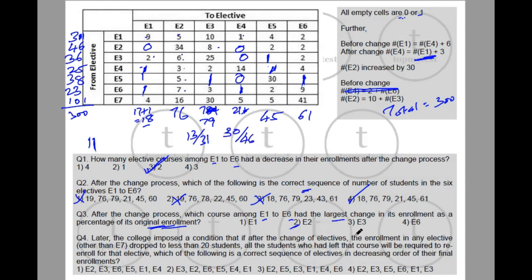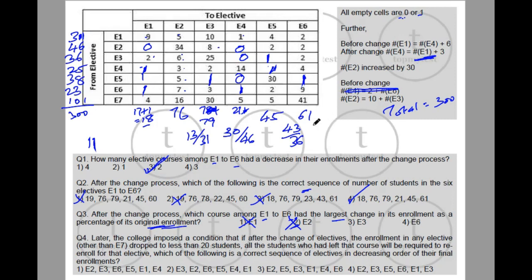We'll come to this. For E3, from 36 it has become 79. So that's a rise of 43 on 36. That's more than 100%. So these two are out. So it can be E3 or E6. E6, it has gone from 23 to 61.